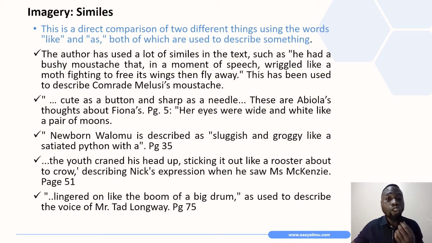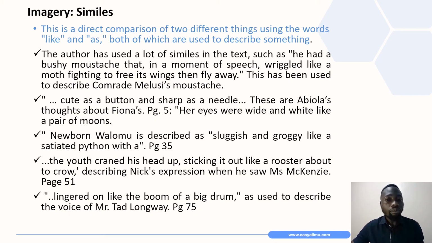It's a direct comparison of two different things using the words like or as, both of which are used to describe something. So in the slide on your screen we have a number of instances where Paul Bivitt has used this style.